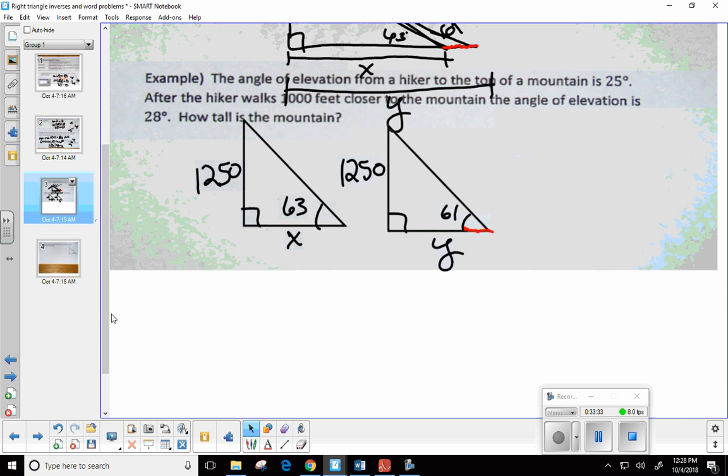Because we have these two reference angles, we have the opposite of 1250 on both of them, and then the adjacent on both of them is also the X and the Y. So what function am I going to use? Yeah, because we can use the cotangent of 63, which is going to equal the adjacent over the opposite.